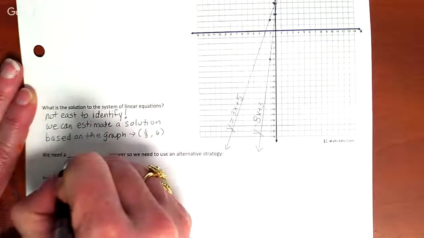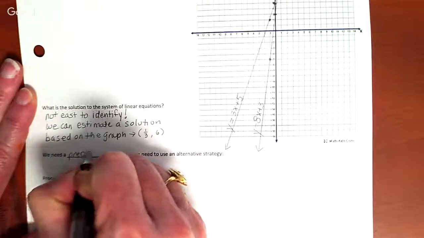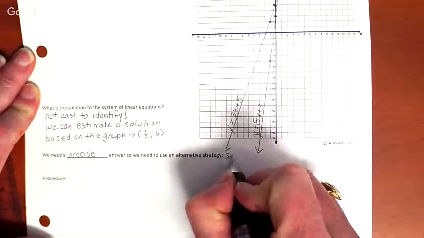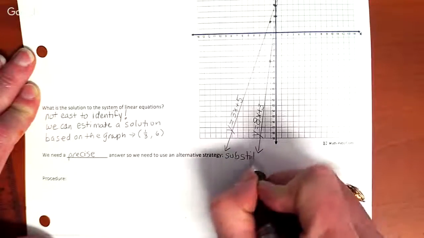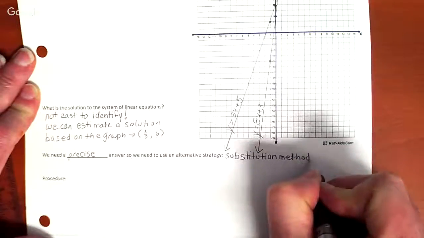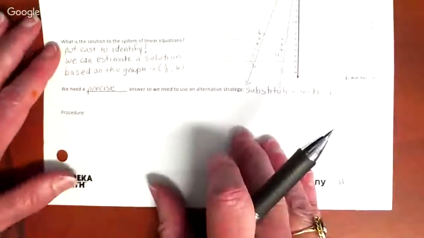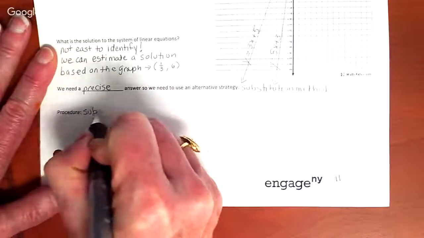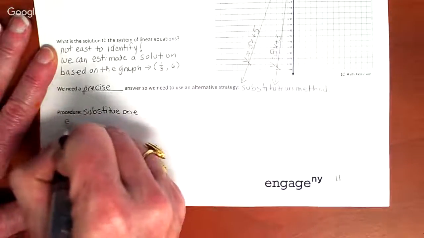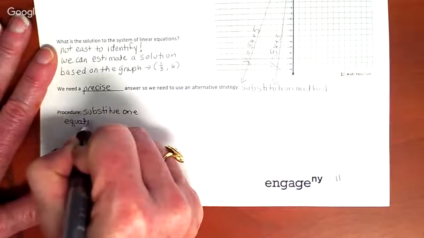But we need a precise answer. So we need to use an alternate strategy. So we're going to use the substitution method. When we use the substitution method, here's what we do. We substitute one equation into the other.